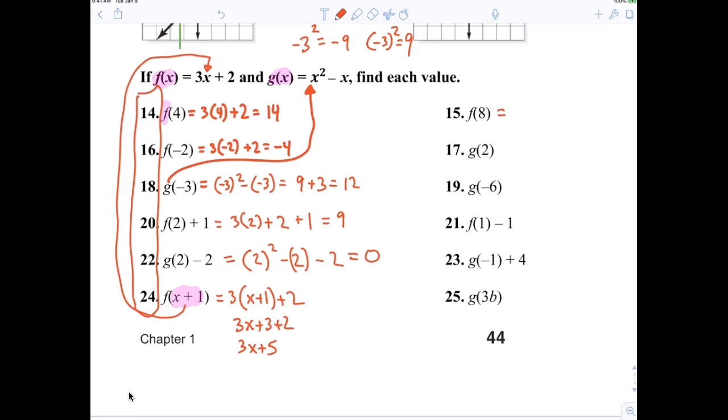Put it in for what? X value. Look up here. Make sure you're following me. F of 8 means to plug 8 in for x right here. That's the same as what I did for 14, 16, 18, 20, 22, and 24. Nothing is different. So when I plug 8 in, what do I get?